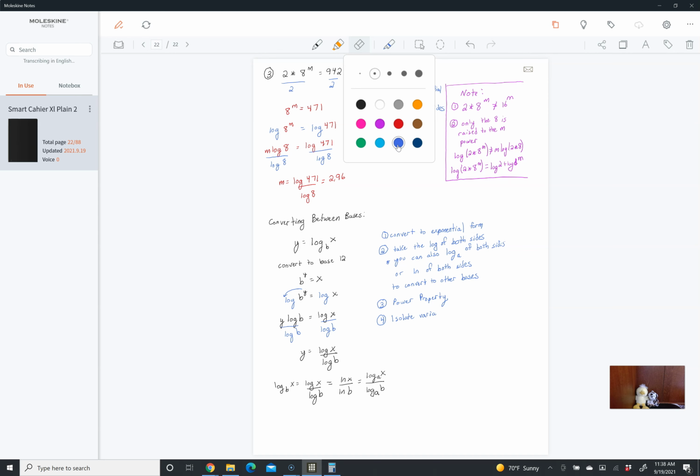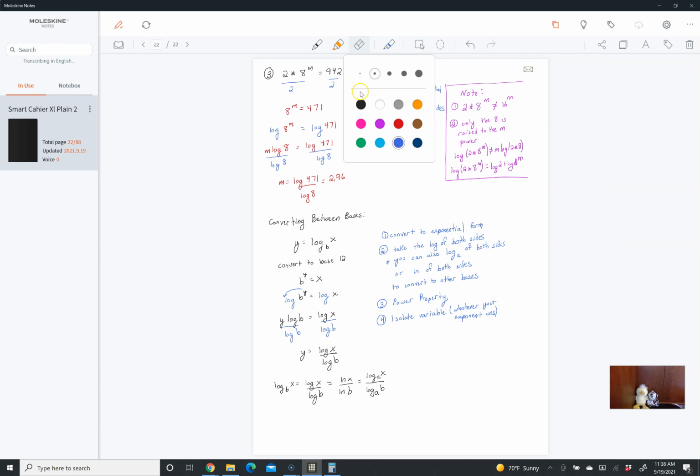And in this case, your variable is whatever your exponent was. And now that you know how to convert between bases, you don't have to go through this whole long process each time. You can just automatically convert.